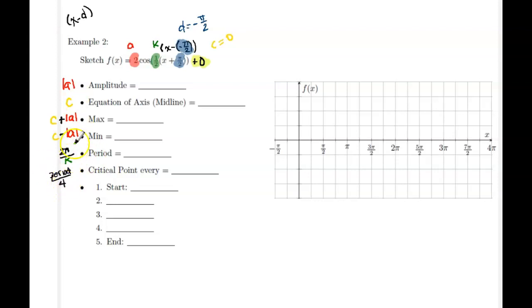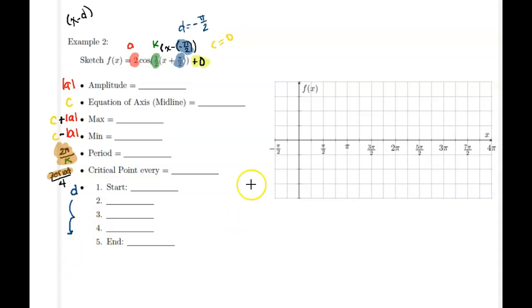So whatever this entire value of the period equals, we're going to divide it by 4, and that is going to be the distance between each critical point. Finally, we're going to be starting our very first critical point at our value of d. And from there on and down, we're going to be adding the value of the period over 4 to get the next point, and then cascading down to the next and next point.